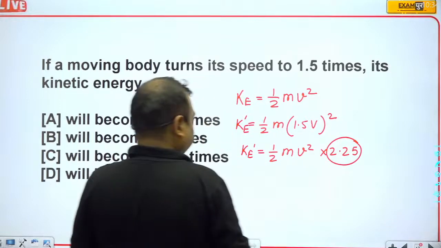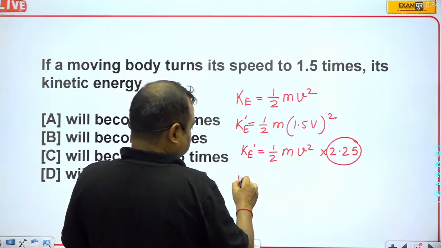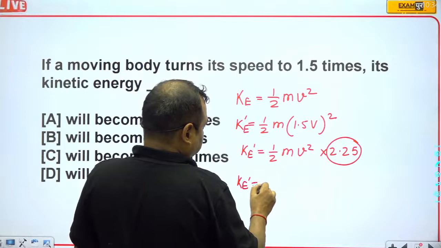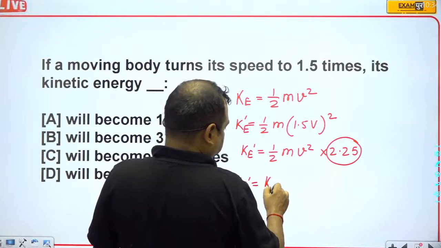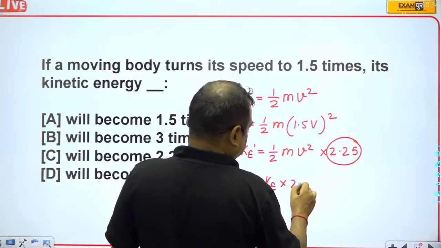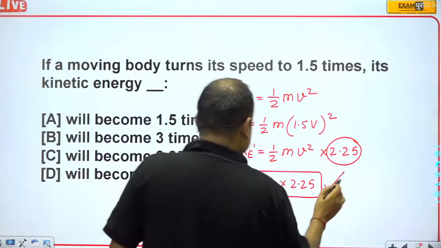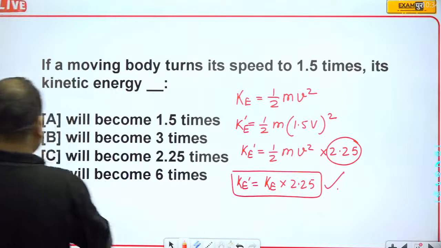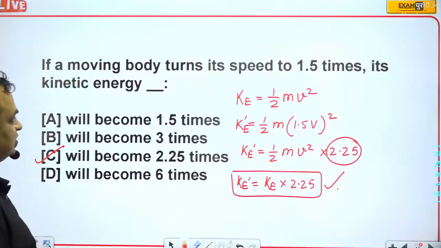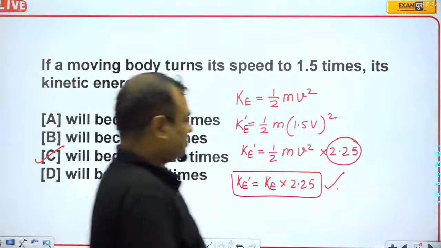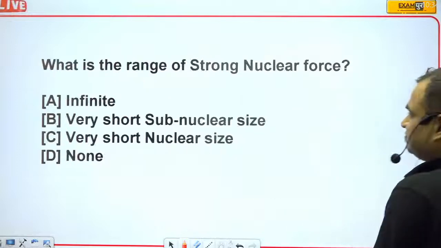So KE dash will be equal to KE multiplied by 2.25. The kinetic energy will become 2.25 times. So C will be the correct answer.